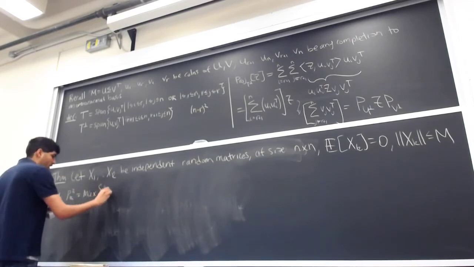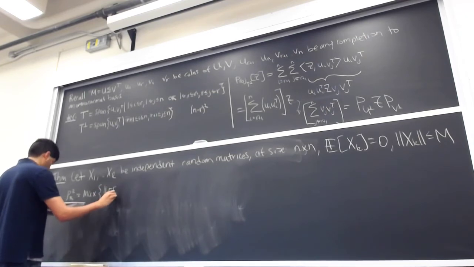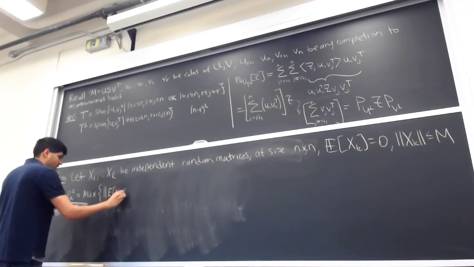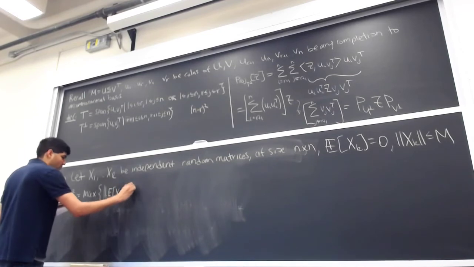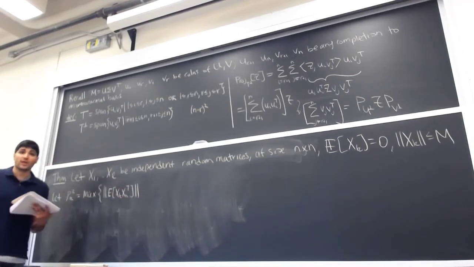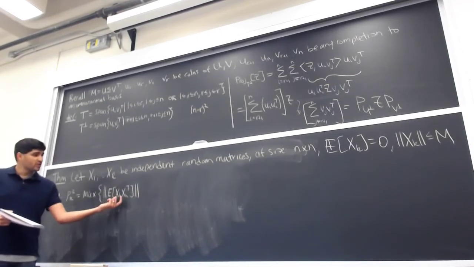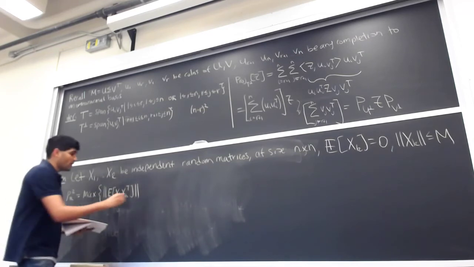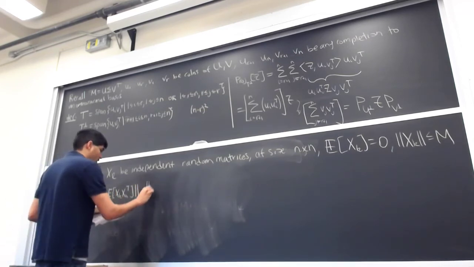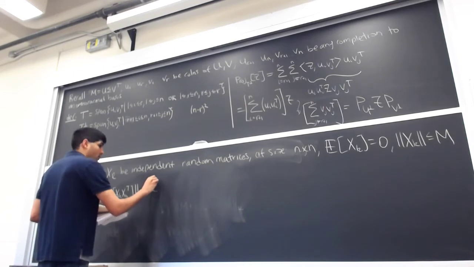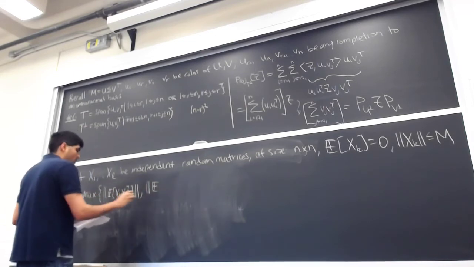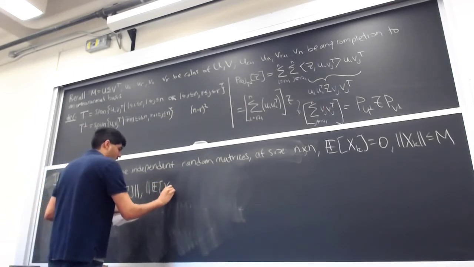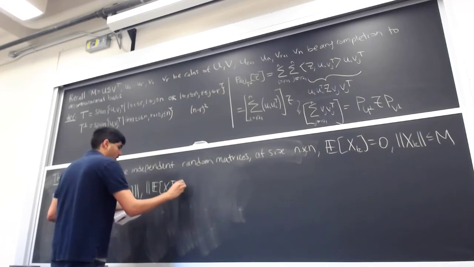One way of defining the variance is to take the operator norm of the expectation of xk xk transpose. In the case where n equals 1, and these are sums of scalar random variables, this quantity is the variance. But there's another way to write the variance, which is the expectation of xk transpose xk.